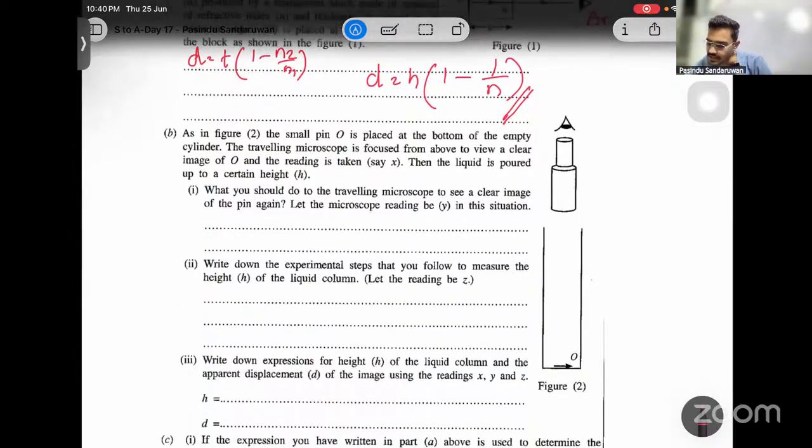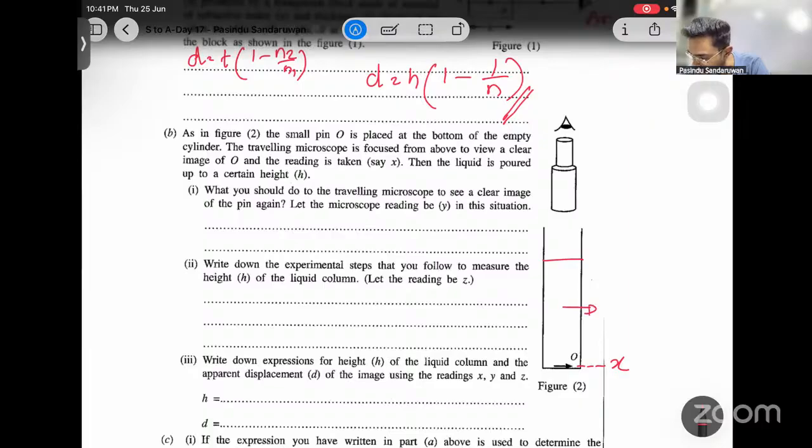B. As in figure 2, the small pin O is placed at the bottom of the empty cylinder. The traveling microscope is focused from above to view a clear image of O, and the reading is taken, say X. The initial reading, X. Then the liquid is poured up to a certain height, H. We know when the liquid is poured, there will be an image of this somewhere above the object.